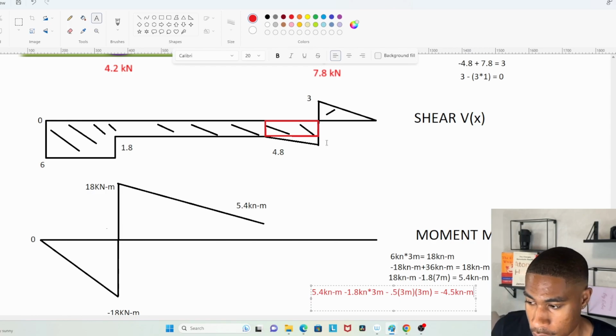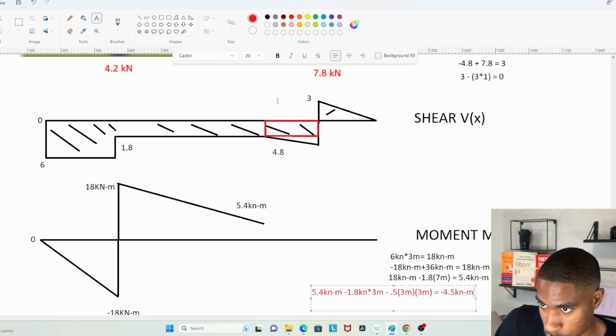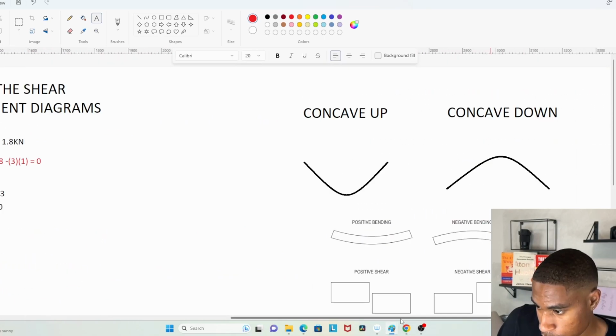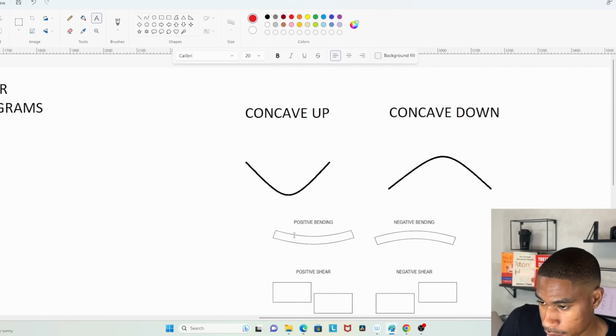Now, how does that get drawn? This is really, really important. Since this is a negative slope, it's going to be an arc. Let me show you what I mean. In the reference manual, if you have positive bending, then it's going to be concave up. Negative bending, you're going to have concave down.